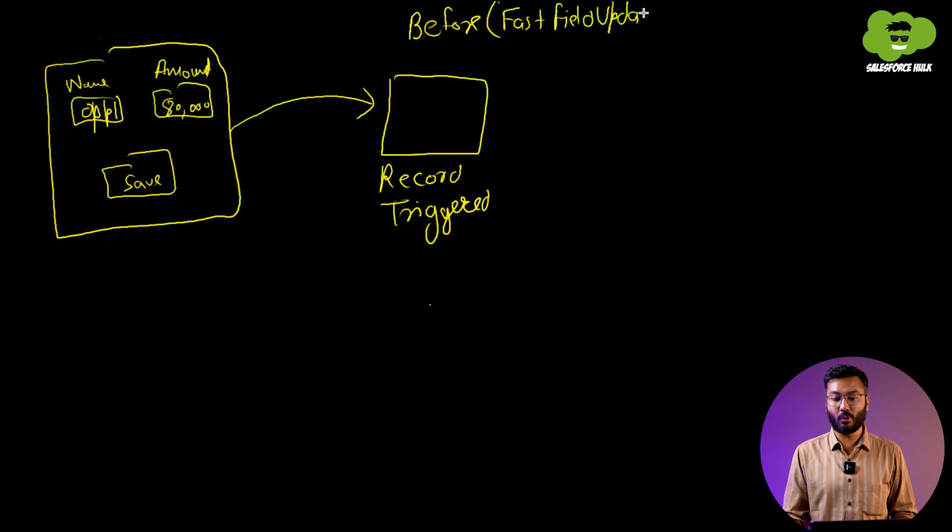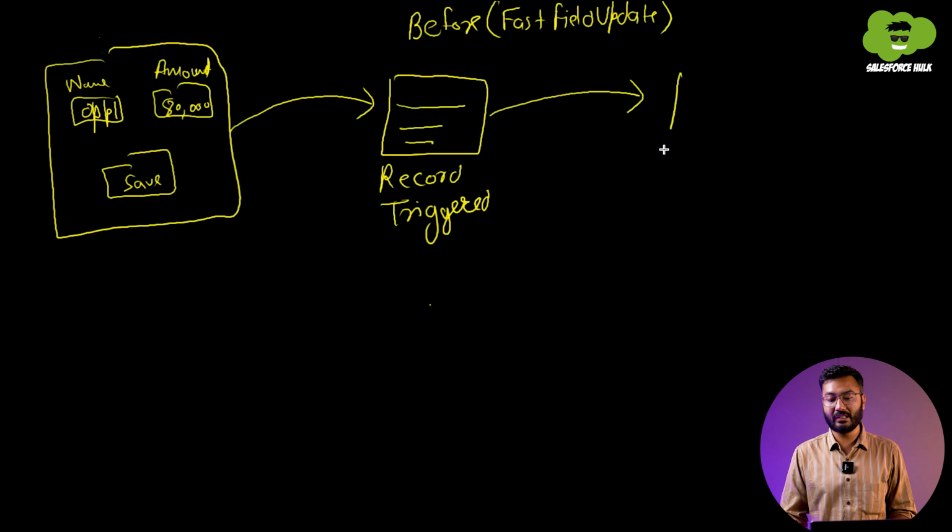And in this thing, what we need to implement? We need to implement that whenever the amount is greater than 1 lakh, then we need to update the priority as high. And if the amount is less than 1 lakh, then the priority should be low. So all the things we'll be doing in this record triggered flow, and then the record will get saved into the database.